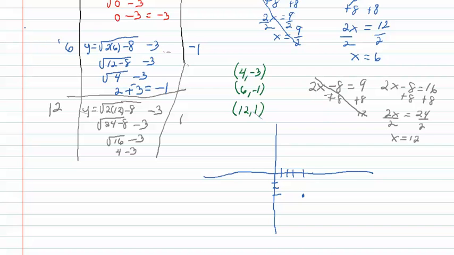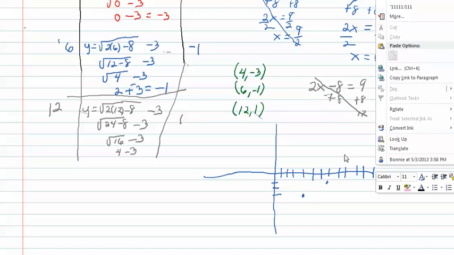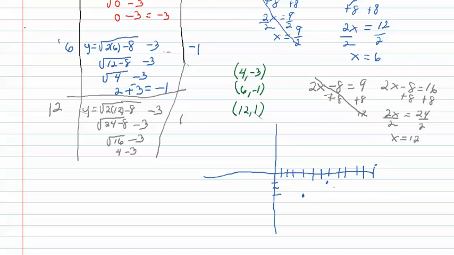Right there. And then we're going to get 6. That's 4, 5, 6, and negative 1. And then 12, so 6, 7, 8, 9, 10, 11, 12, and 1 is about here. Oop, sorry. It's about there.